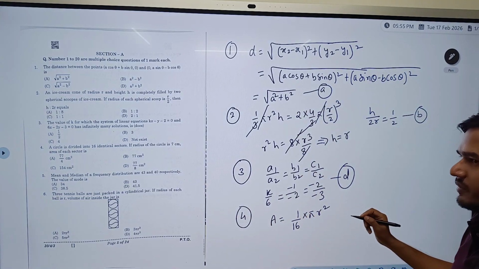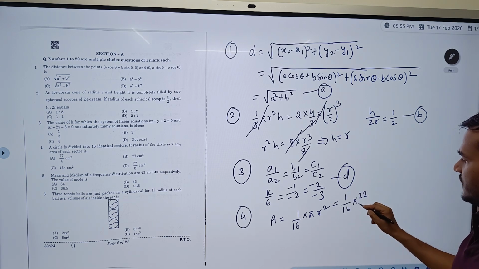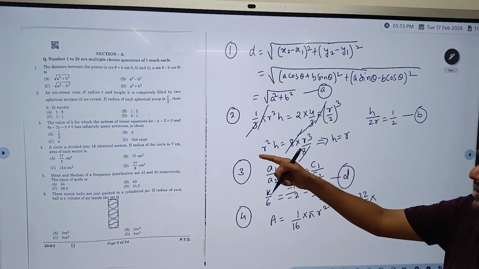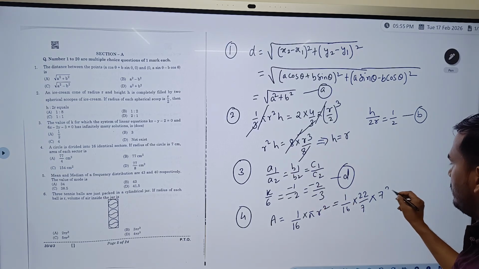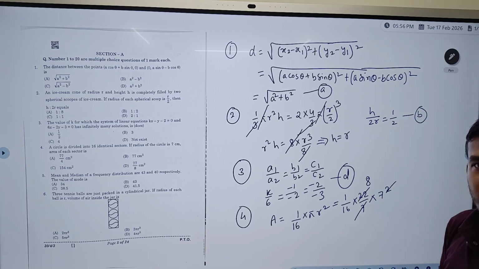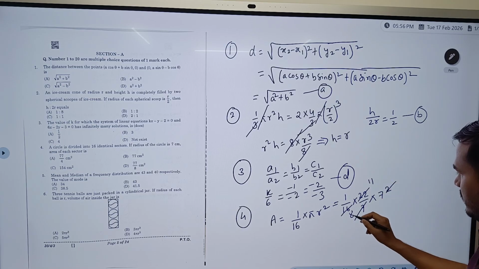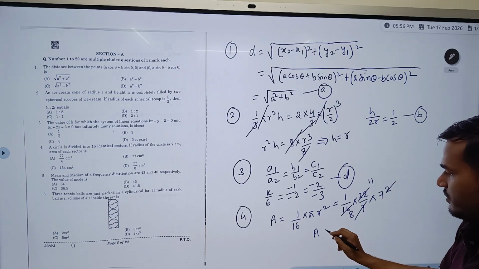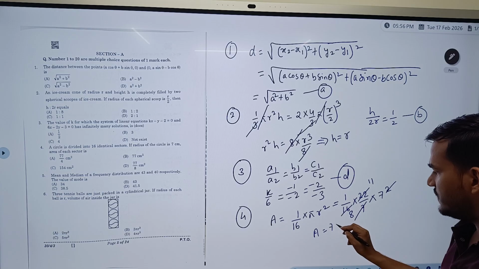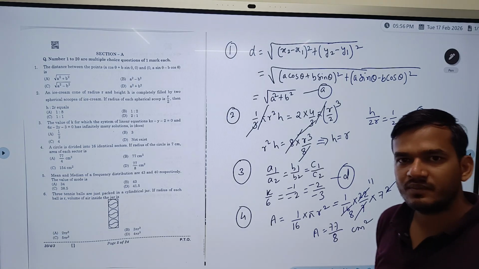So just substitute the value of radius: 1 by 16 into 22 by 7 into r square, where r is 7. So 7 will get cancelled and this can be simplified further to 11 and 8. So the area of the sector will be equal to 77 by 8 centimeter square.